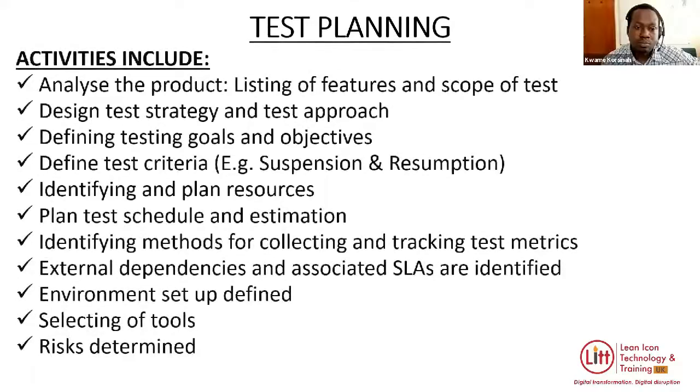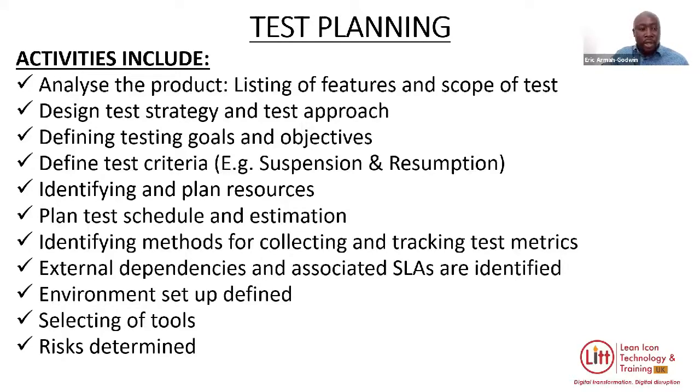So they will look at how you've analyzed the product, the listing of the features, what's in scope and not in scope. The product owner will be very interested in that section of it. So this test plan document, as I said, is your contract with the whole project. And there will be different stakeholders interested in this document.